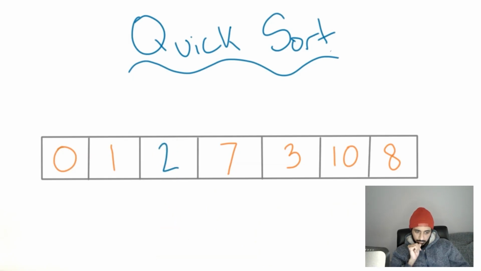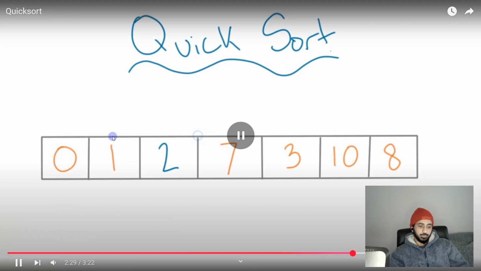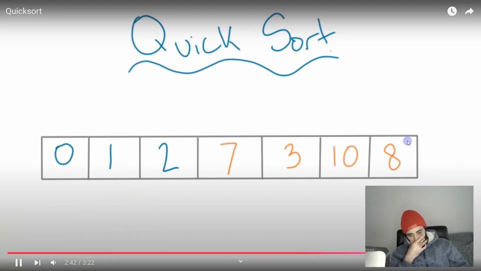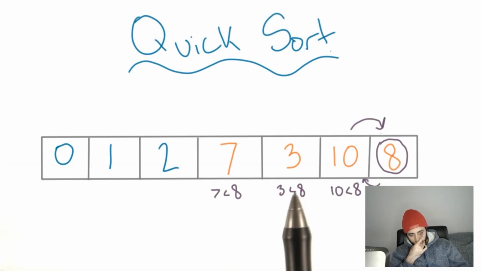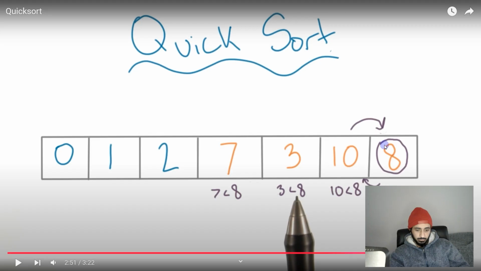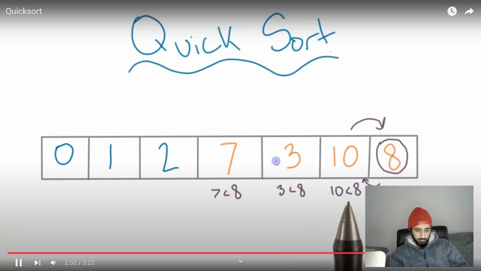So we'll take the 1 as the pivot, new pivot. Okay. Then we take 8 as the new pivot. Do I need to move those? So we need to swap them.